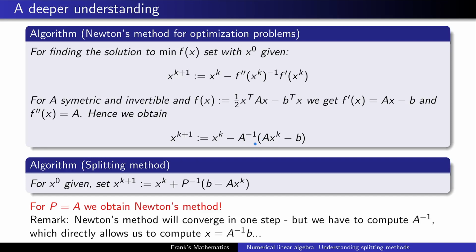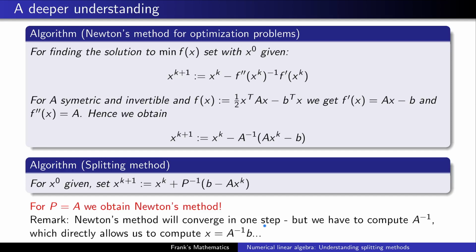The first reason is, of course, Newton's method will converge in one step, which is super nice. But second, we have to compute the inverse of the matrix A, because we need the inverse of the second derivative you can see here. But if we have to compute the inverse of the matrix A, well, of course, we can just compute the solution to our problem directly. So it's quite an overkill. I just want to put it here into perspective.